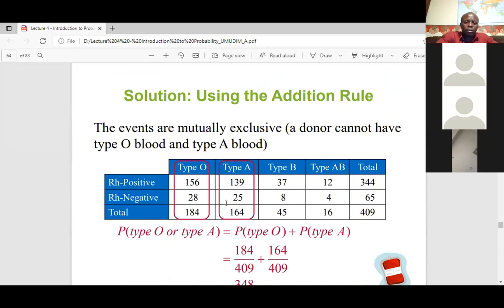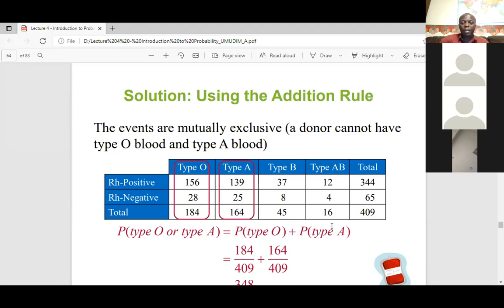So we have that the probability of type O or type A becomes the probability of type O plus the probability of type A. For type O, the total is 184, so 184 over 409. I'm going to write it down. 184 over 409.